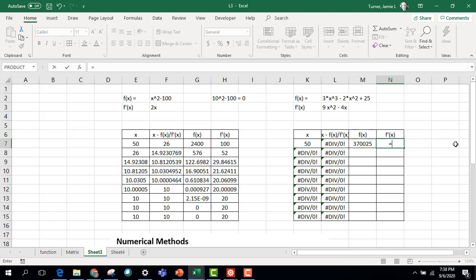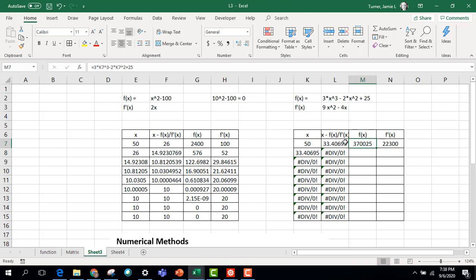Okay, so here's the derivative. So now we have 9 times x squared minus 4 times x. Okay, make sure I got that one in there right.